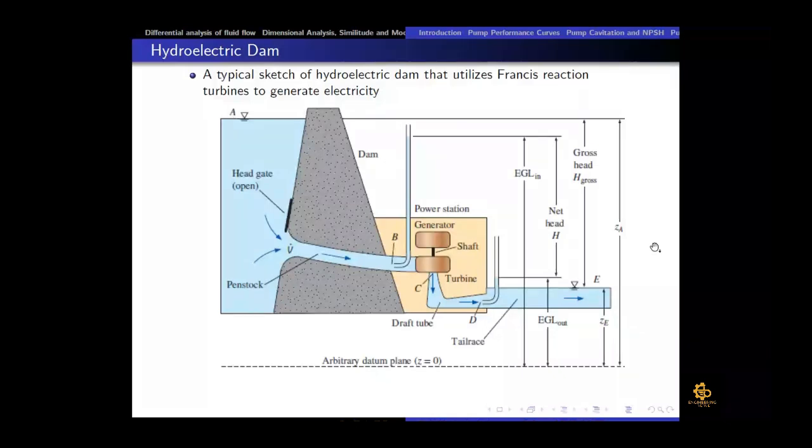But the head actually available for electricity production is the change in elevation head from the entrance to the exit, which is ZA minus ZE, where E is the outlet of the dam. So ZA minus ZE is the gross head. But because there are frictional losses in the dam, the actual net head which we usually use is a little less than the gross head, which is shown by this net head H, right?